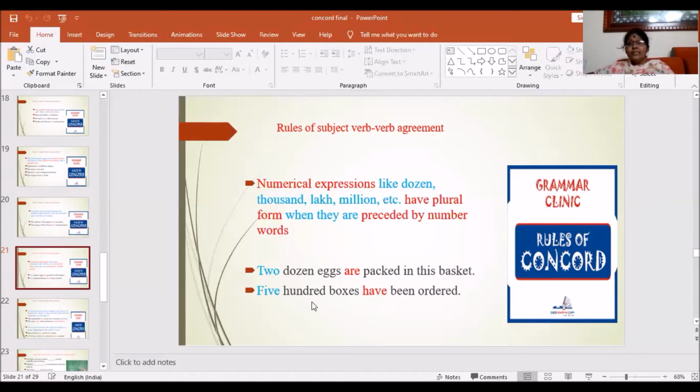Now the numerical expression hundred is preceded by number word 5. So it should have the plural form of the verb have. So what do we understand? Numerical expressions like dozen, thousand, lakh, million have plural form of verb when they are preceded by number words.